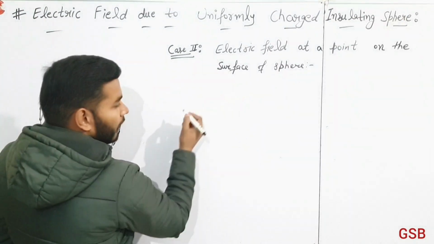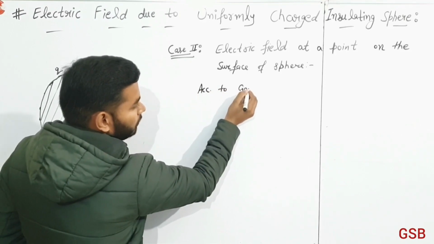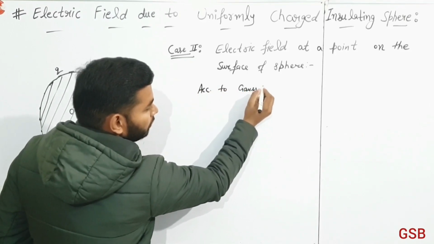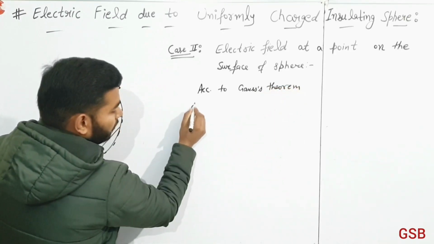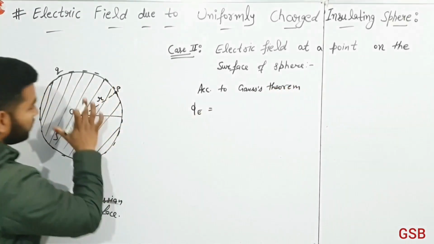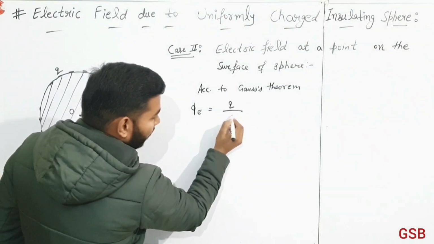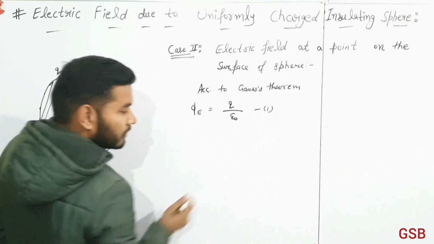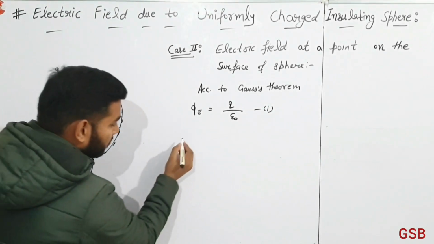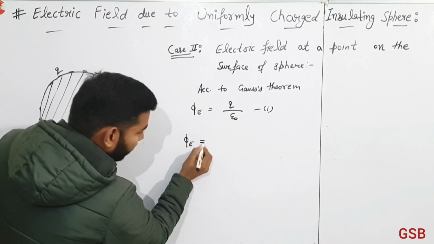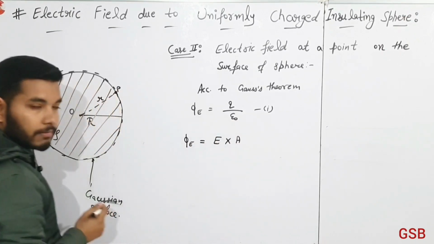Now, again, according to Gauss theorem, electric flux is given as charge enclosed, which is Q as usual, Q by epsilon naught. This is equation number first. Now, according to the definition of electric flux, phi is equal to electric field into area.